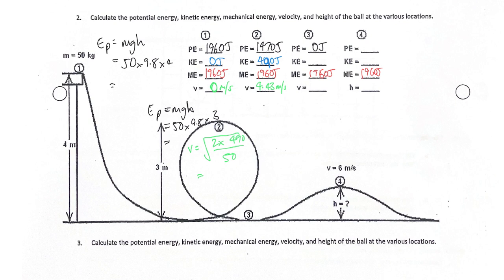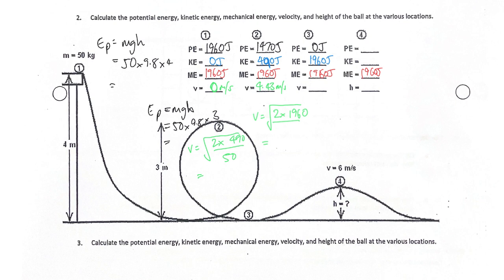What other information does that now tell us? Not its velocity. It's got kinetic energy of 1960. All of it is kinetic energy. So now we have to work out the velocity of this thing. Again, V is equal to the square root of 2 times EK over M. Substitute the EK, 1960.